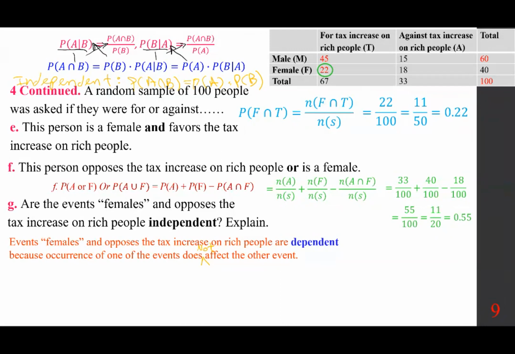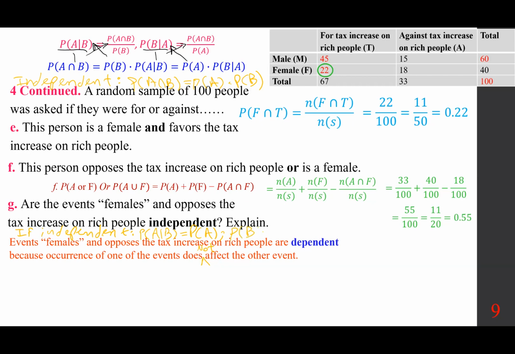Because if they are independent, I will continue here. If independent, probability of A given B becomes probability of A. So conditional probability becomes marginal probability, simple probability.